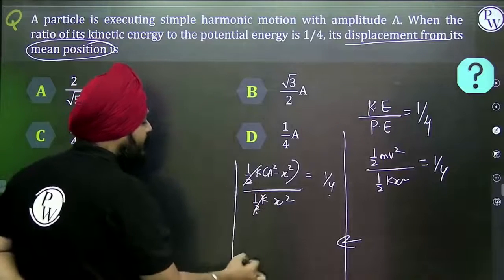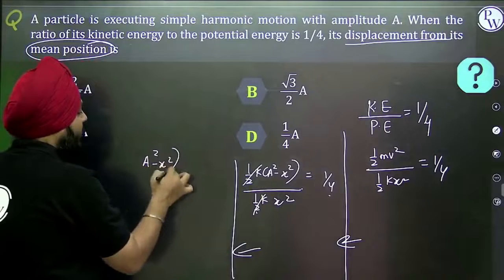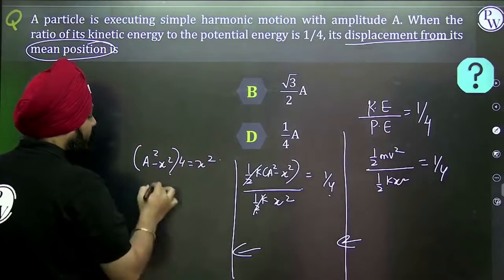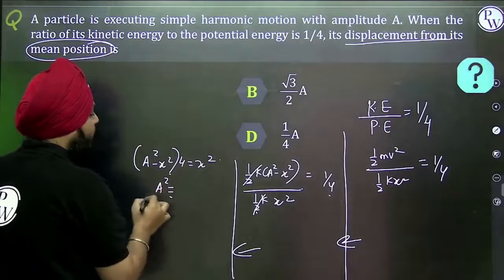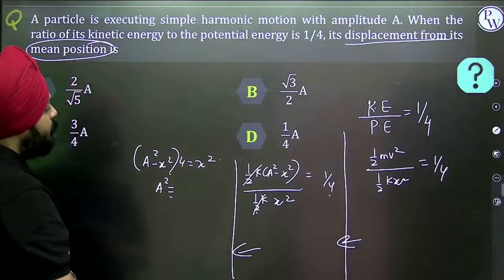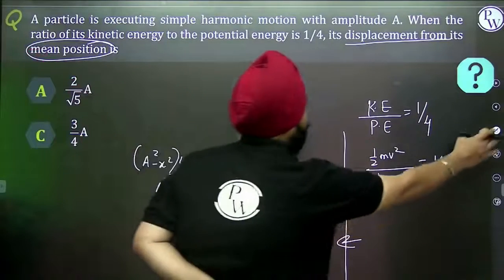Half k is gonna cancel, so that is (a square minus x square) into 4, and that is equivalent to x square. So can I say a square is equal to... hold on, just hold on.